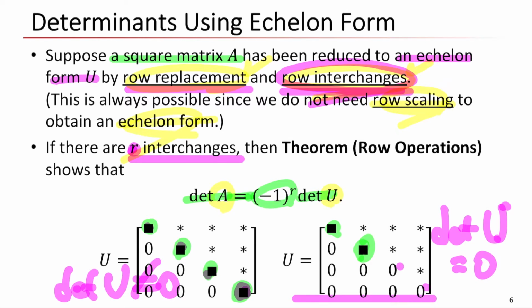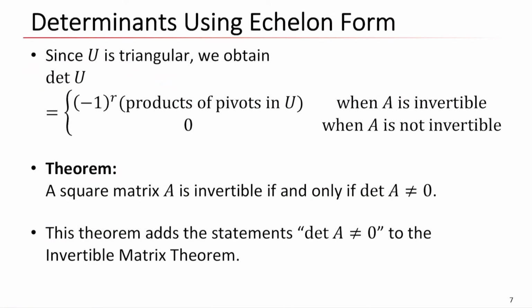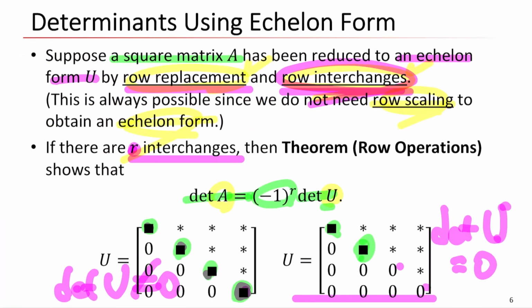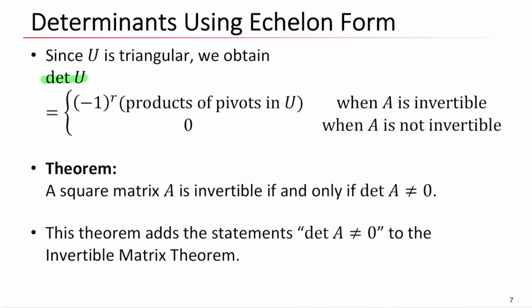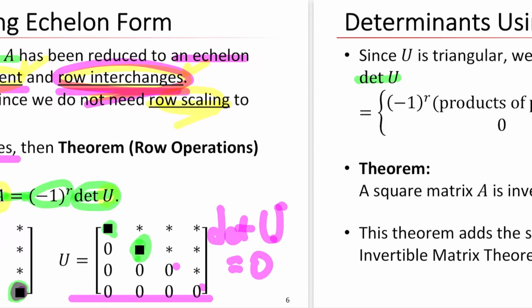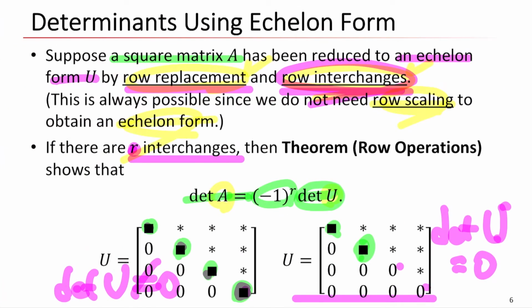In other words, the determinant of u depends on this one or this one.